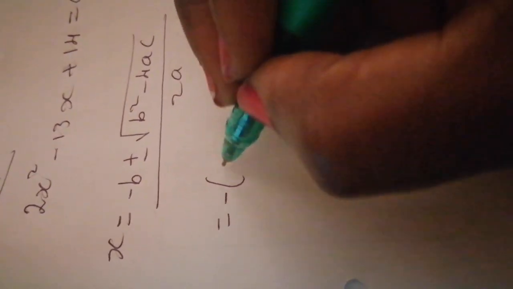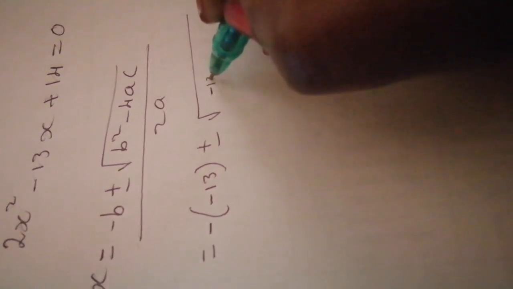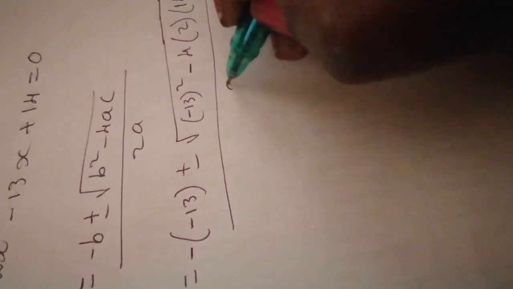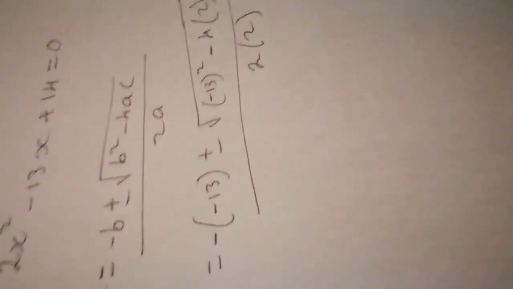The formula: x equals negative b plus or minus the square root of b squared minus 4ac, divided by 2a. Substituting, we have negative b, b is negative 13, plus or minus the square root of negative 13 squared minus 4 times 2 times 14, everything divided by 2 times 2.